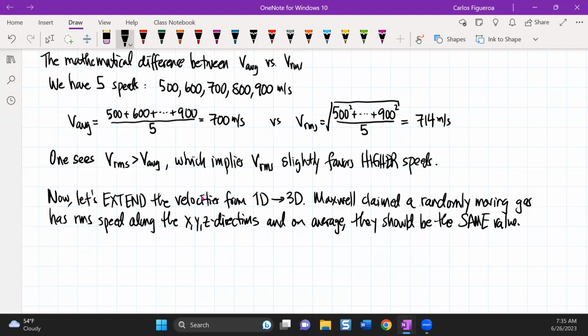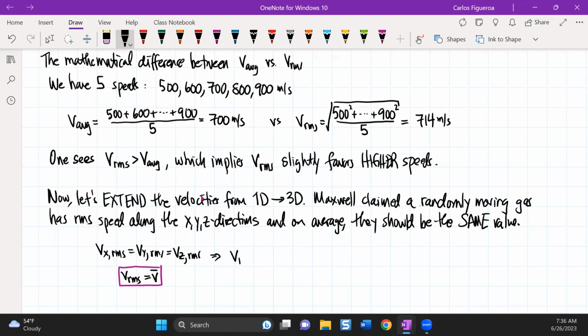So this is what he means here. Remember, Vx RMS should be the same as Vy RMS for a random gas, right? And then Vz RMS. Now, I don't want to write VRMS. So look what I'm going to do now. If I say RMS, we know this is a type of average. So from now on, I'm just going to use the bar to talk about RMS. So now we deal with velocity squared.